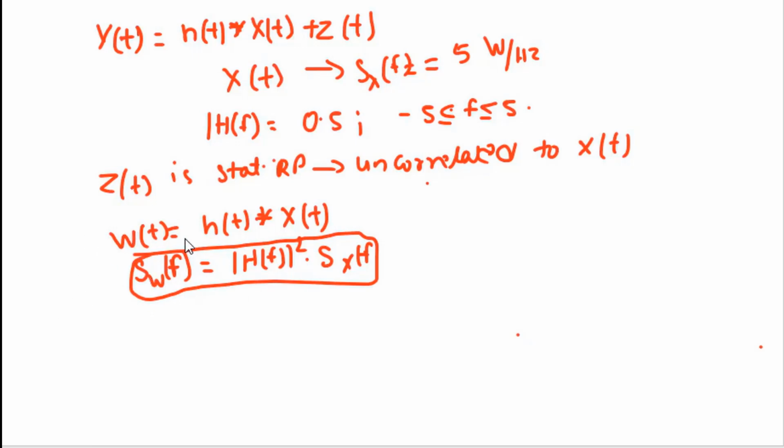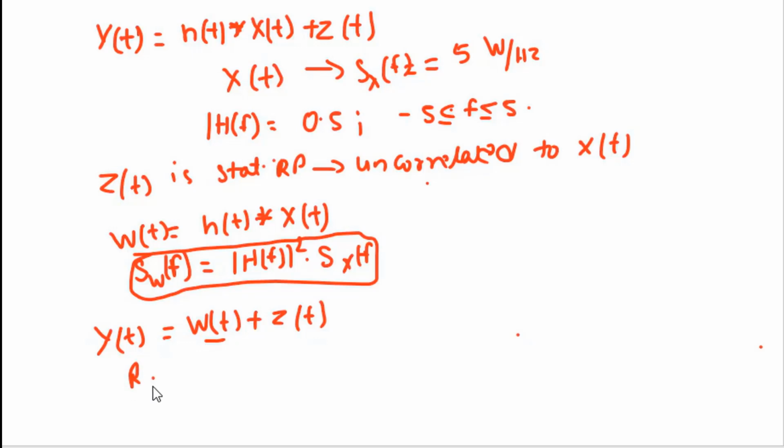If you put w of t as h of t convolution with x of t, then your y of t becomes w of t plus z of t. This z of t is uncorrelated to x of t, so z of t will also be uncorrelated to w of t.